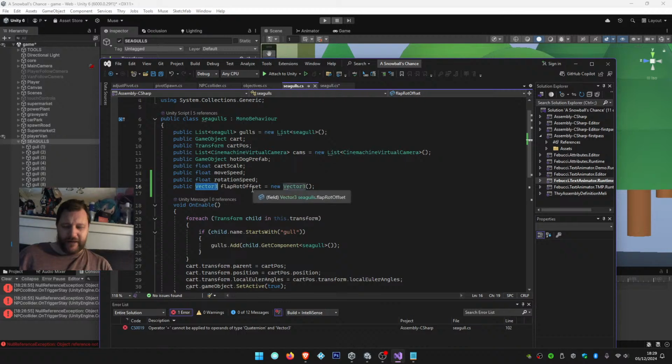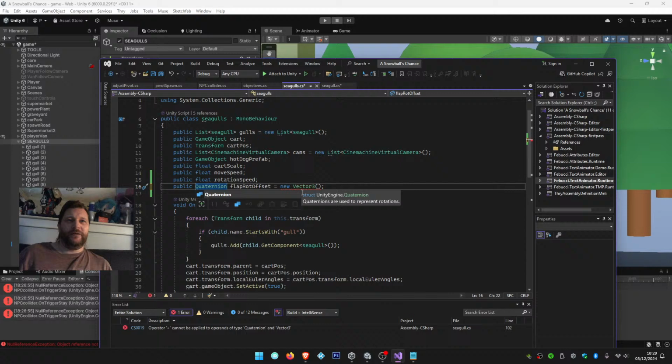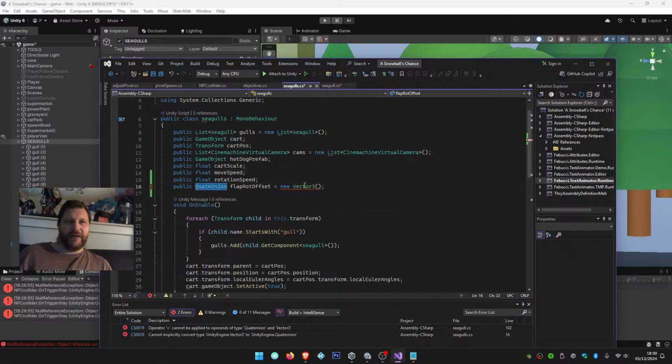Can you even have a public quaternion like that? What does it look like?